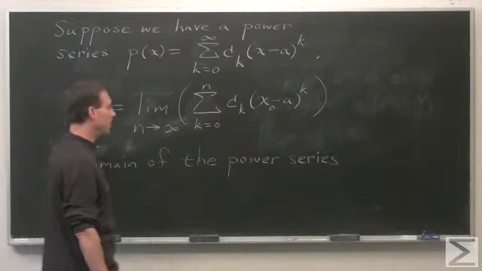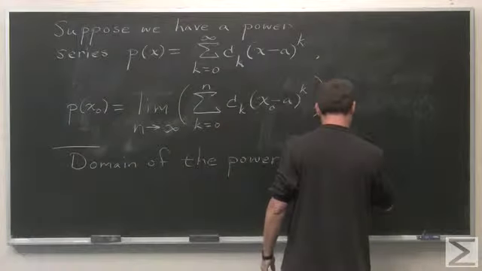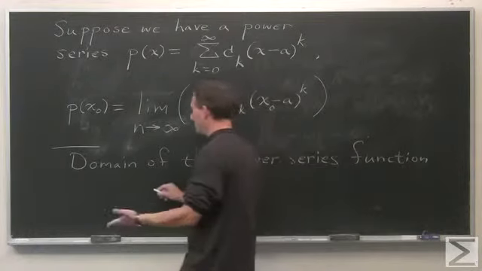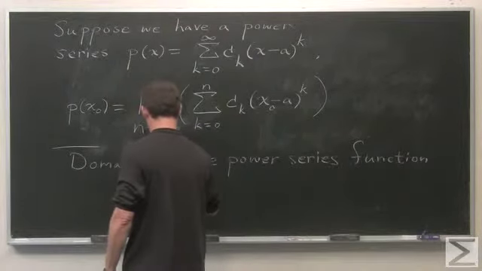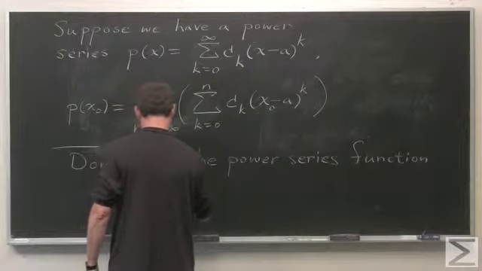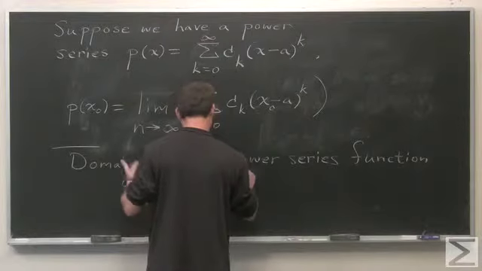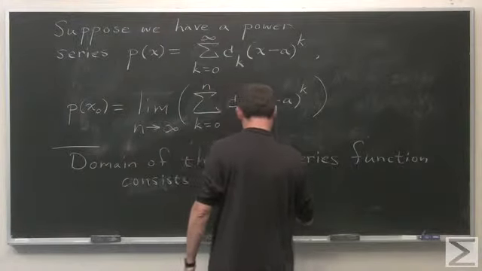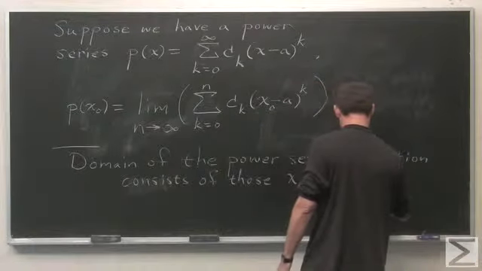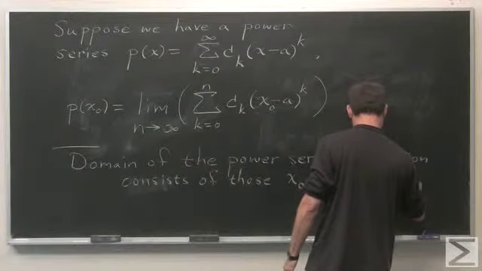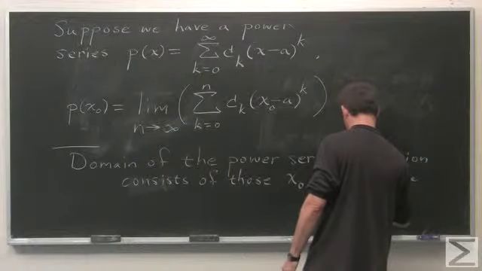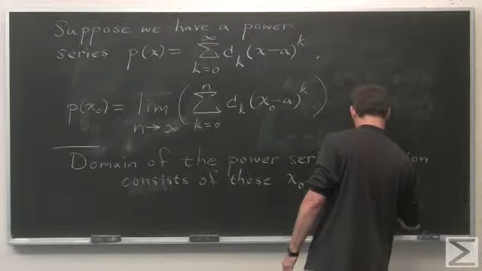That means the domain of the power series function consists of those x naught for which this limit converges. So this is not too shocking.